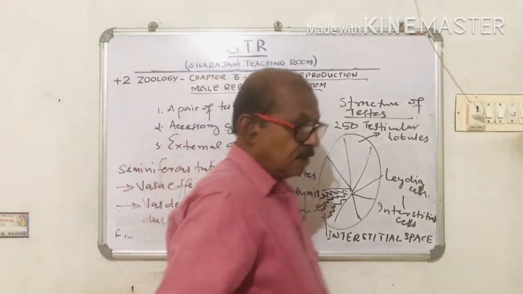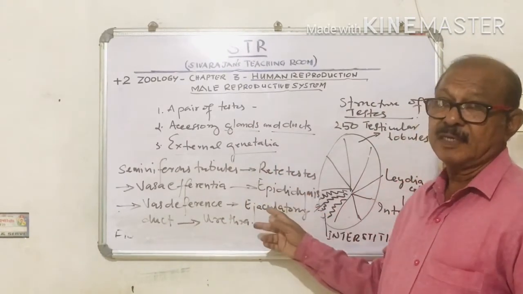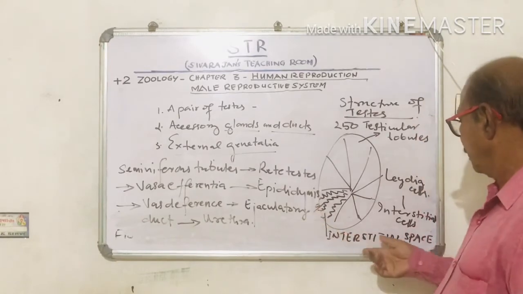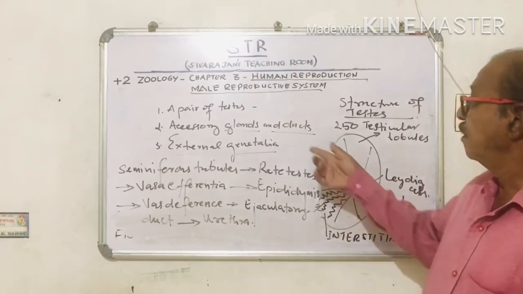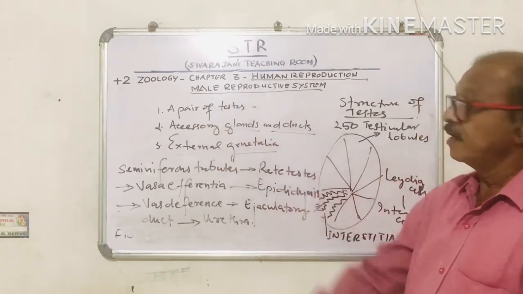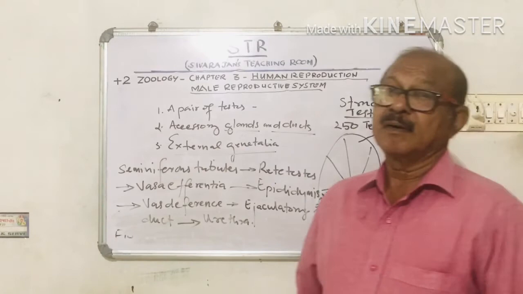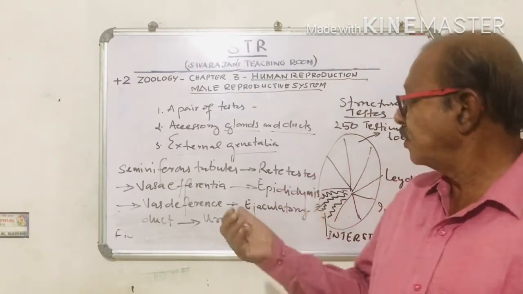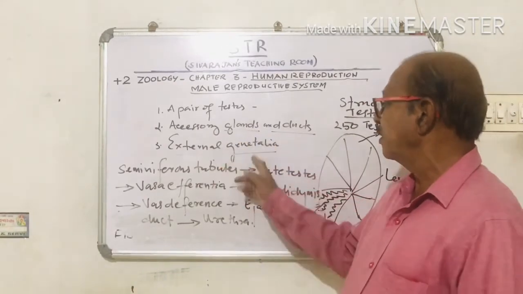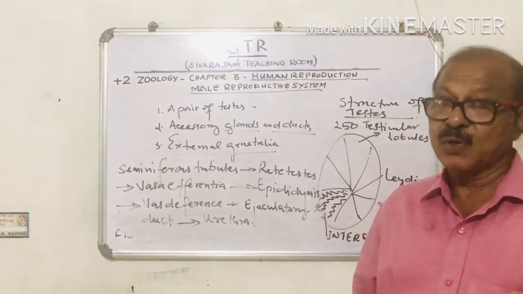So these are the different ducts connected with the testis of the male reproductive system. Okay. At this point, we would like to conclude this section, and the accessory glands and external genitalia we will see in the next episode.